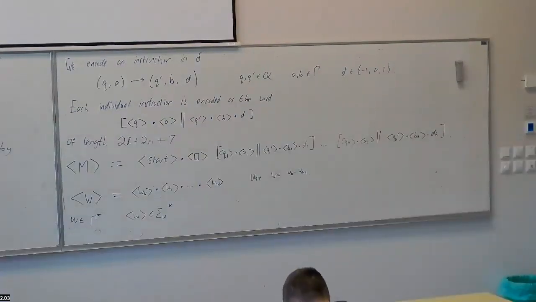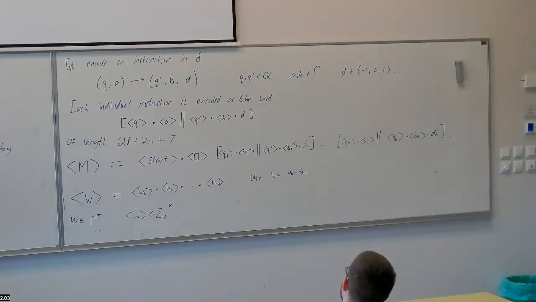Okay, so that is how we encode a Turing machine and a word, and our language, that's semi-decidable but not decidable, we can now define.